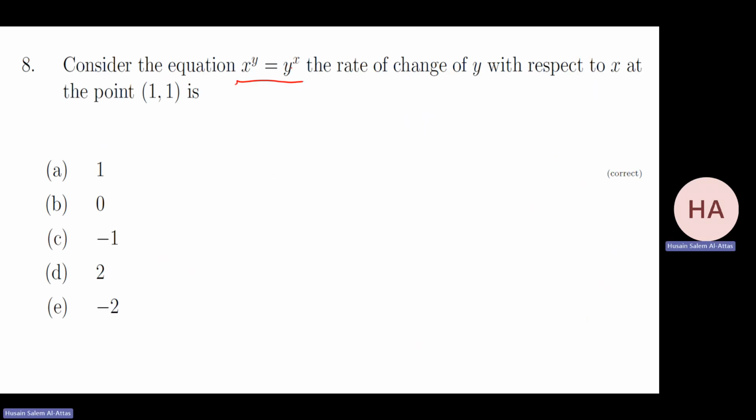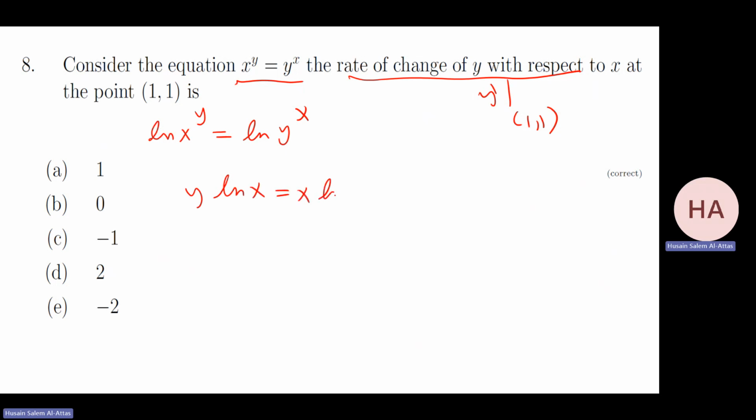Using this equation, you want me to find the rate of change. You want y prime at the point 1, 1. Take ln of x to the power y equal ln of y to the power x. So y ln x equals x ln y. Differentiate with respect to x.